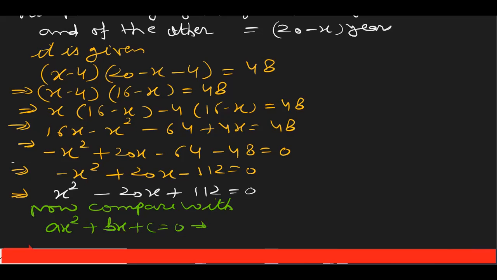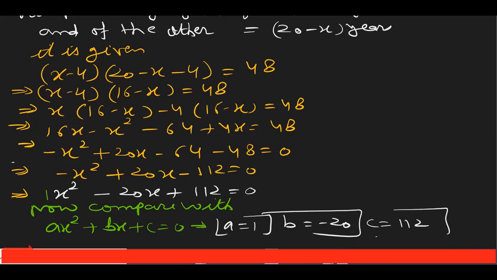We have a is equal to 1, b is equal to minus 20, and c is equal to 112.